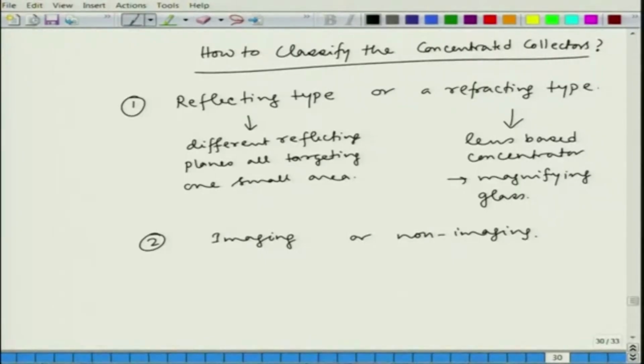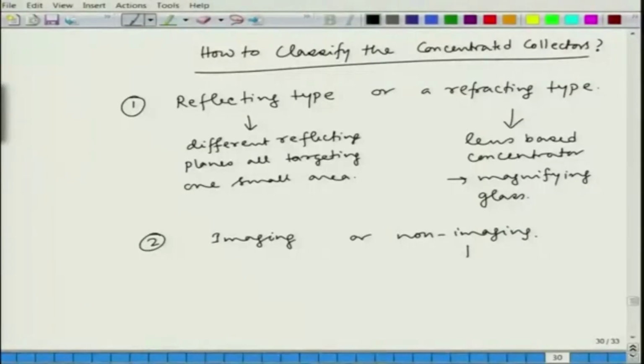And non-imaging means it is all blurred, you do not have an image of the sun. So, whenever you have diffuse radiation in action, you have a non-imaging thing, because diffuse radiation does not give you the exact direction.